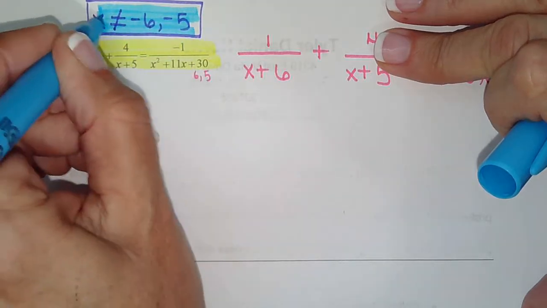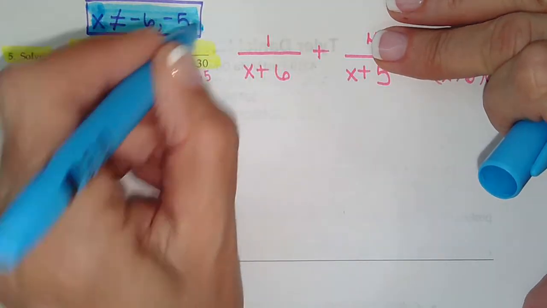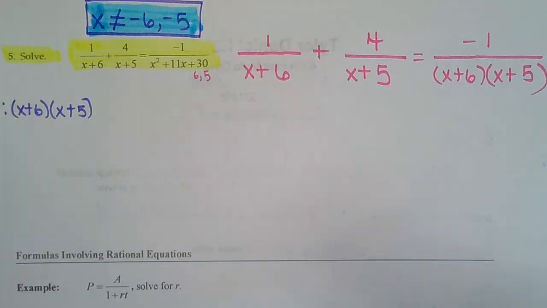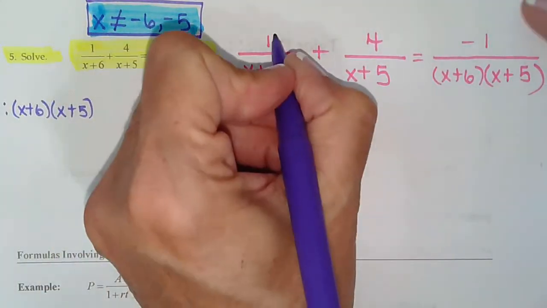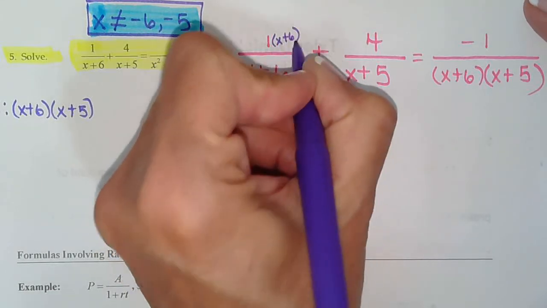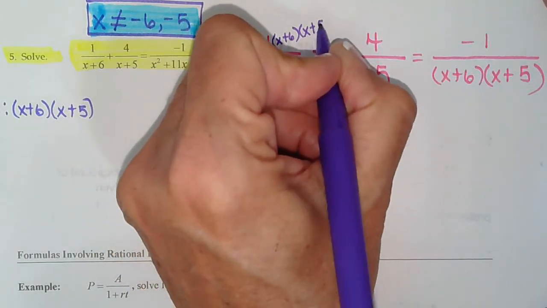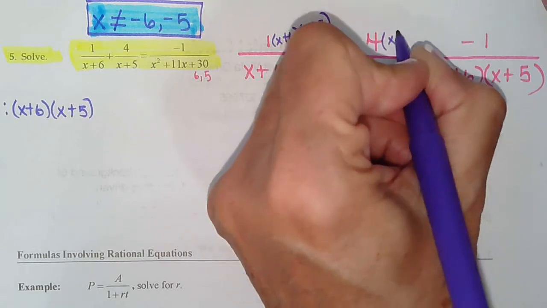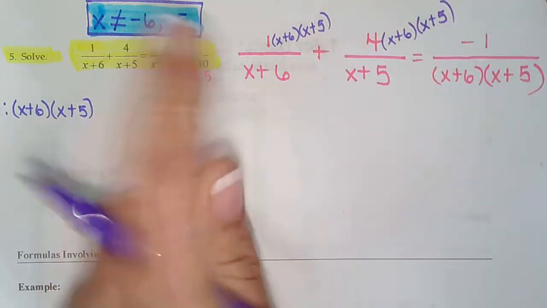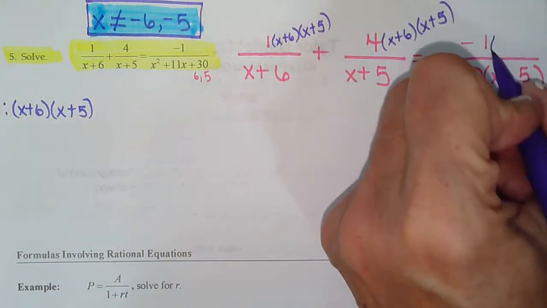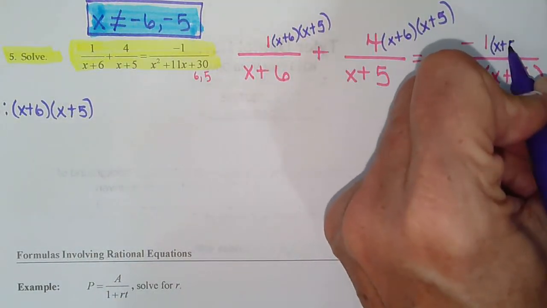So if negative 6 or negative 5 is one of the solutions, we have to throw it out. Okay, so we need to put x plus 6 and x plus 5 in every single numerator, or beside every single whole number in this problem. There doesn't happen to be any. They're all 3 fractions, so write it beside every numerator.